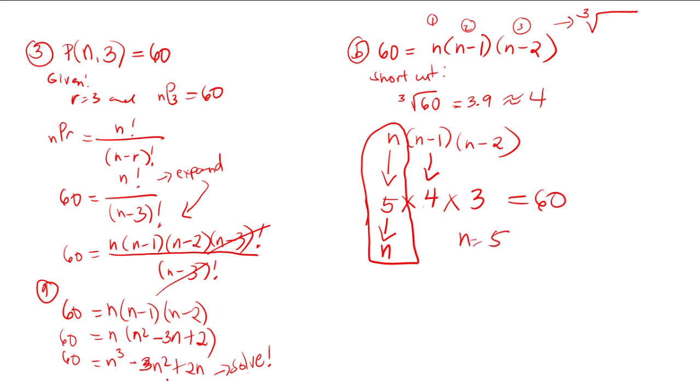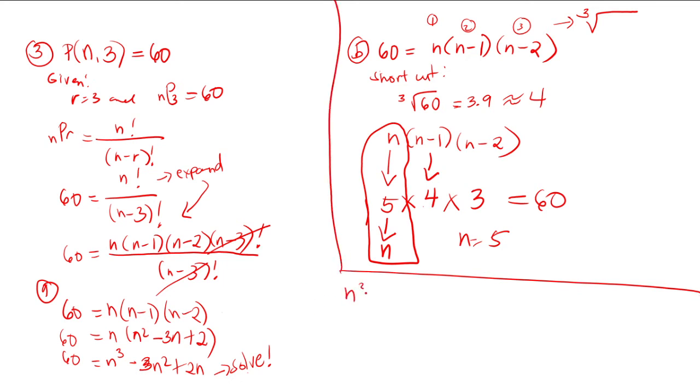So, kapag ito sinolve mo, halimbawa ito sinolve mo na mahabang paraan, say n cube minus 3n square plus 2n minus 60 is equal to 0. Ang perfect root nito ay 5. Okay? So, 5 lang. 1, negative 3, positive 2, negative 60.